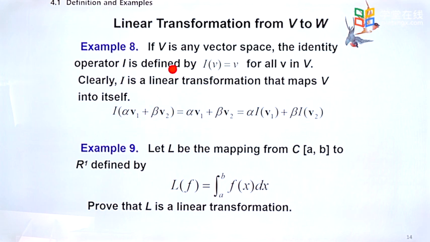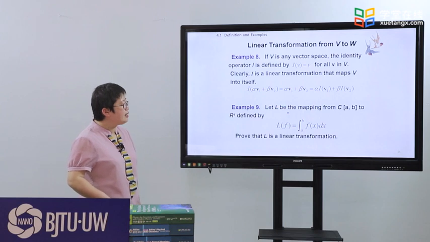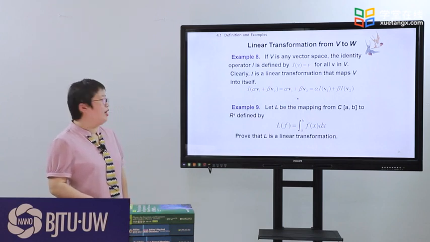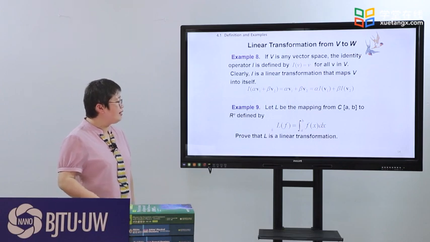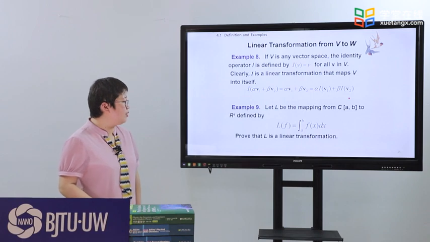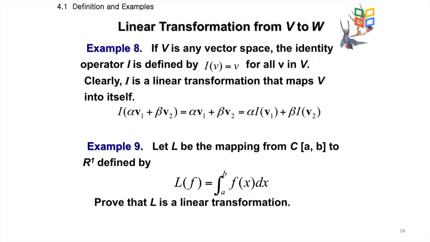The other example is example 9. Let L be the mapping from C[a,b] to R1 defined in this way. So L of f equals this integral. Prove that L is a linear transformation.